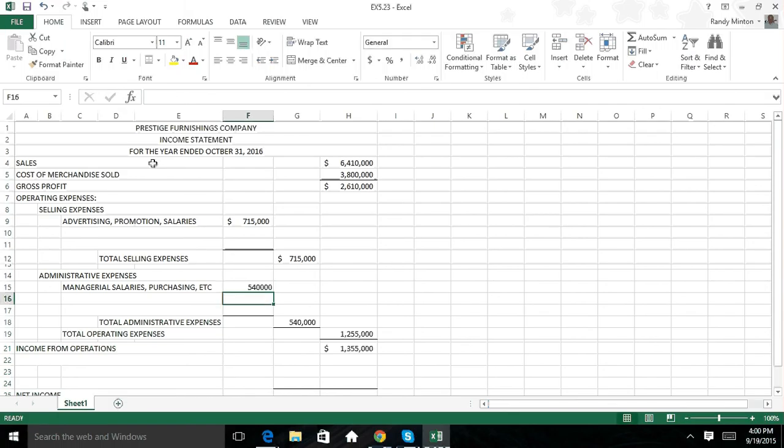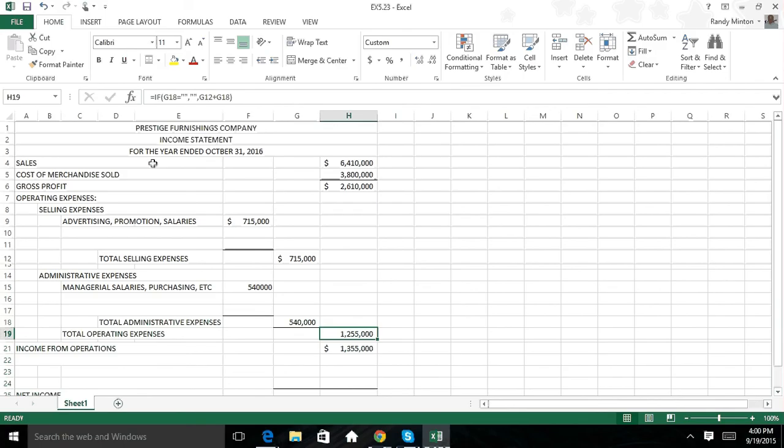And those were put in at $540,000. Well, there aren't any other administrative expenses. There weren't any more selling expenses. So the total operating expenses, which is the combination of total selling and total administrative, is $1,255,000.